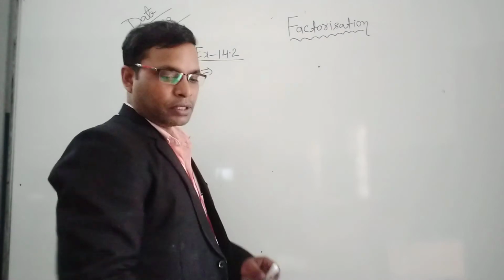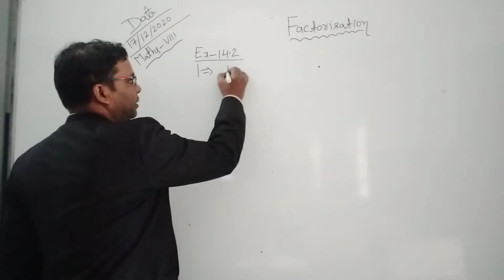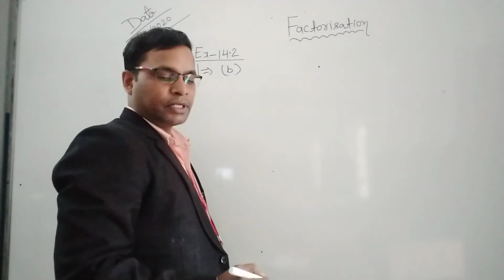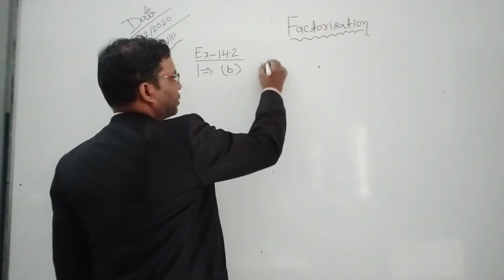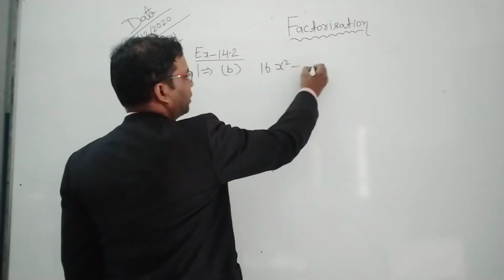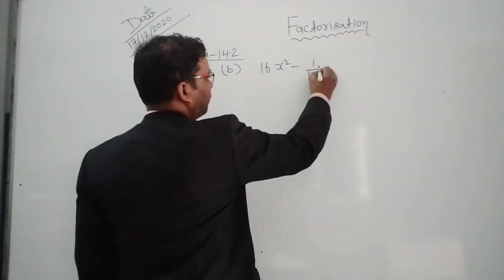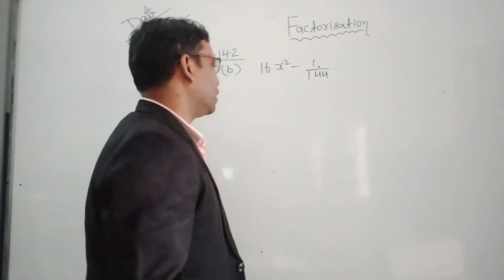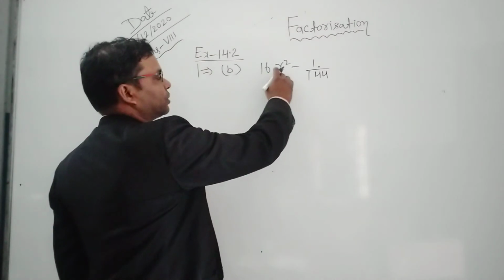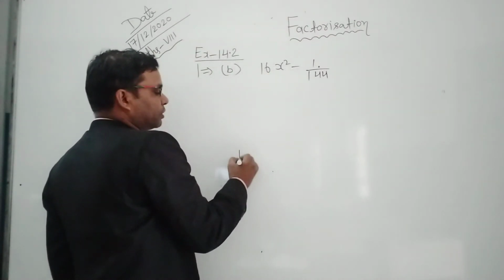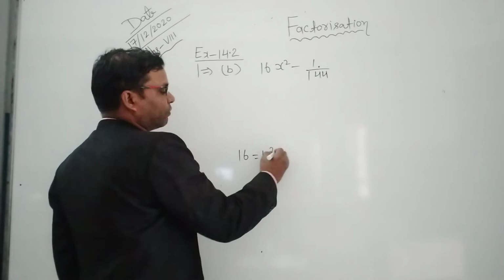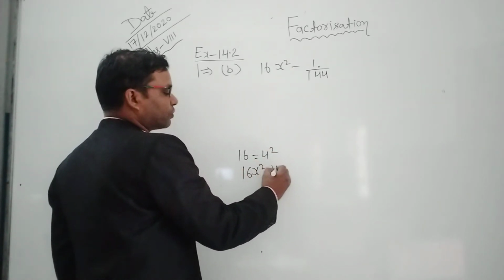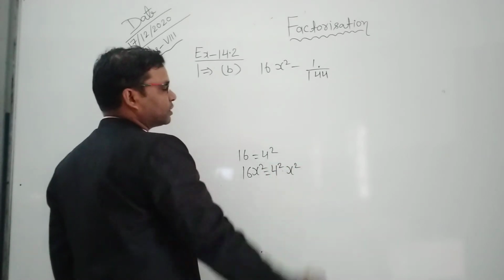Now this is the B part, 16x square minus 1 upon 144. So 16x square means 16 is equal to what? Square of 4. So 16x square is equal to square of 4 into square of x.